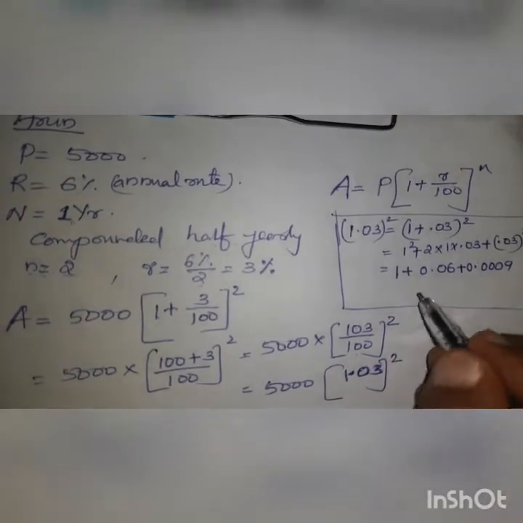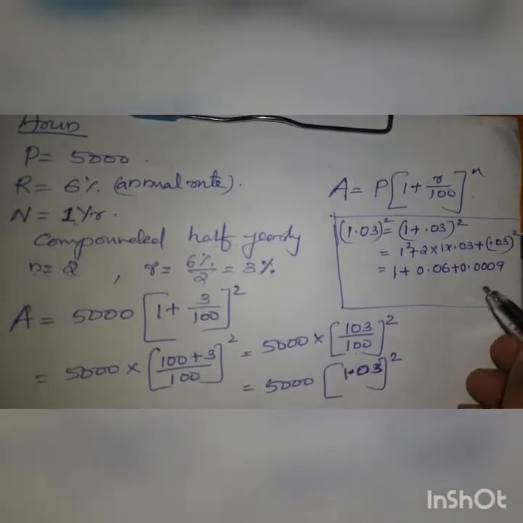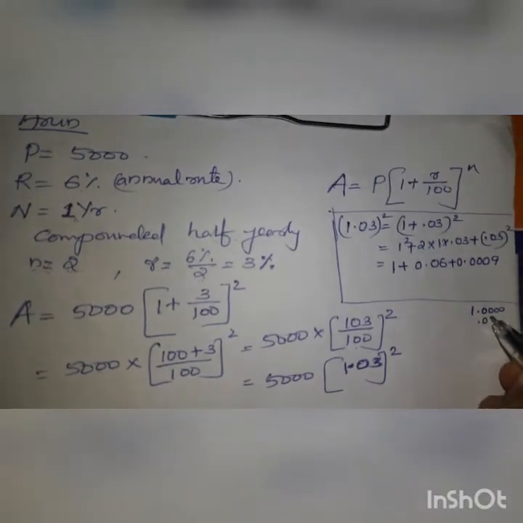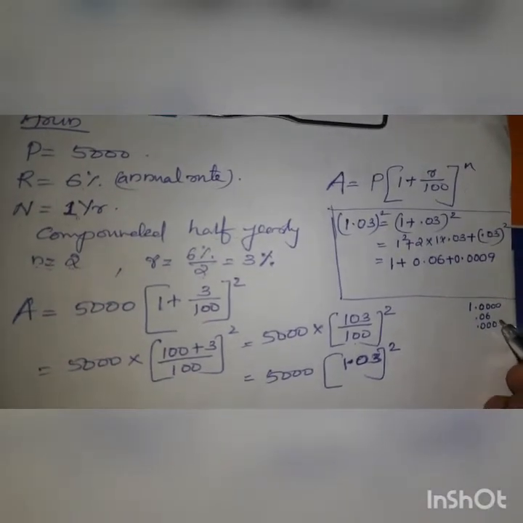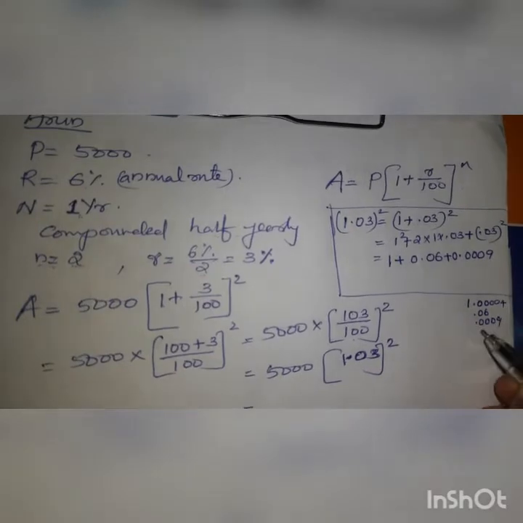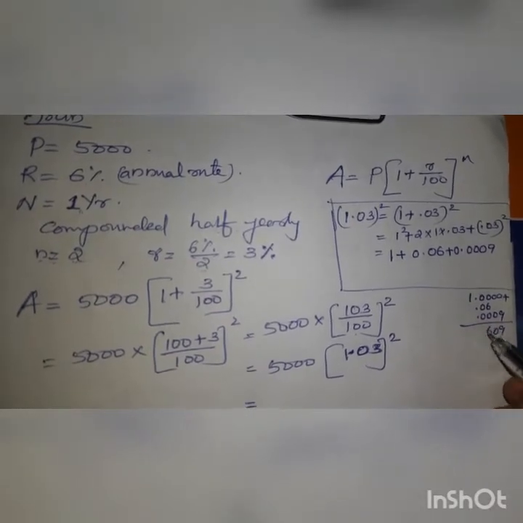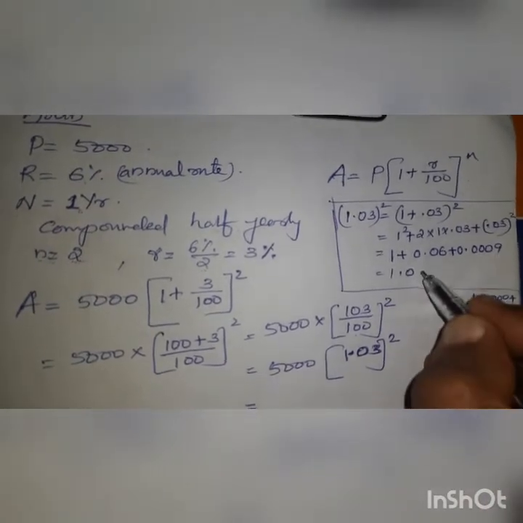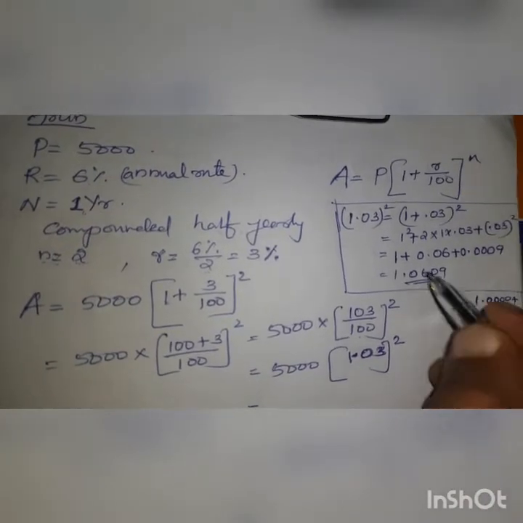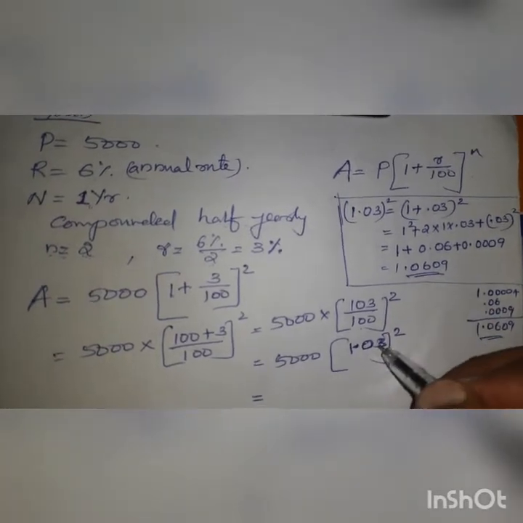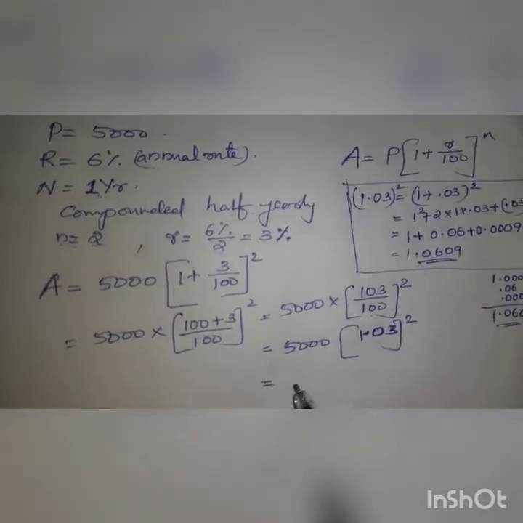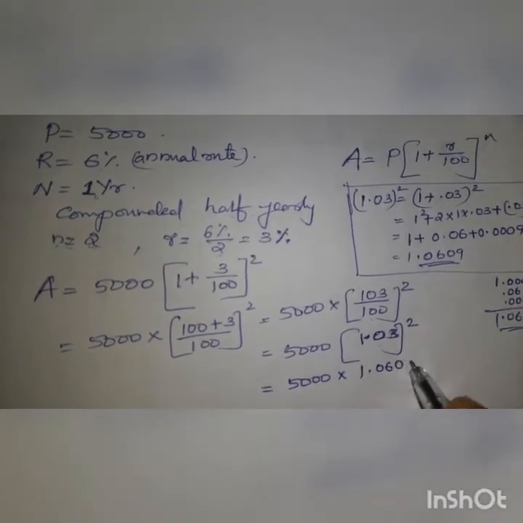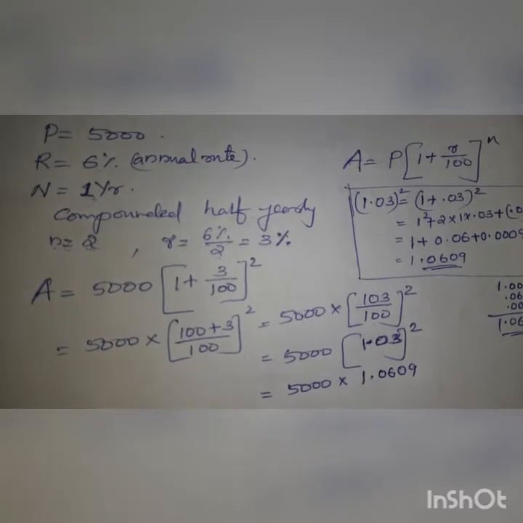This we have to add: 1 plus 0.06 plus 0.0009, all together we get 1.0609. That is the square of this term. So it should be 5,000 into 1.0609.